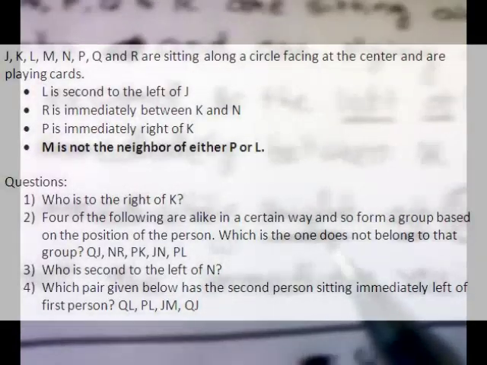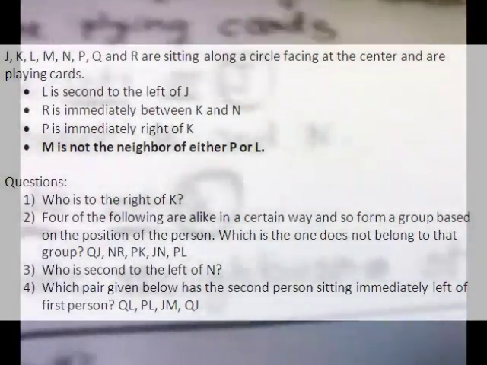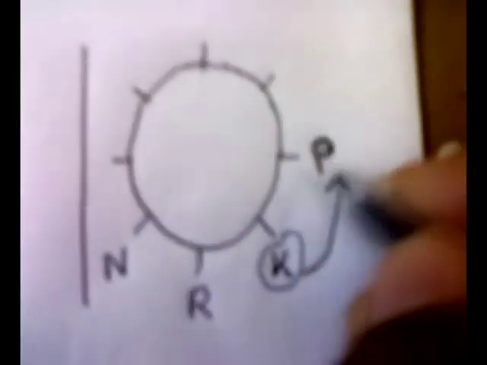Now we have the fourth condition, which says M is not the immediate neighbor of P or L. The letters followed by of are P or L, from which we have only P on the circle.